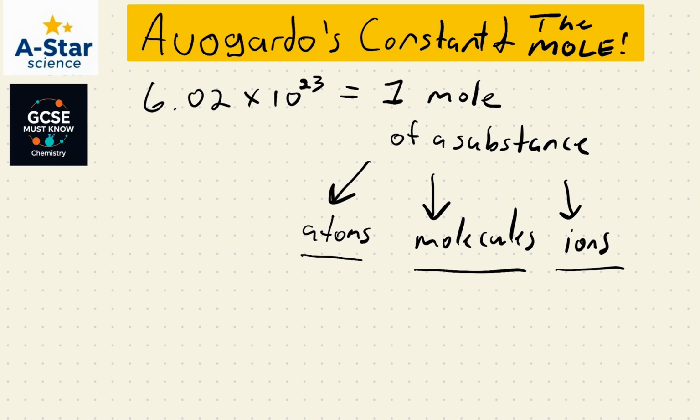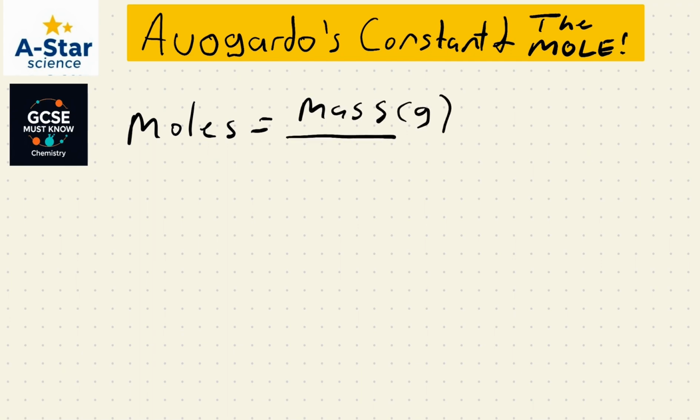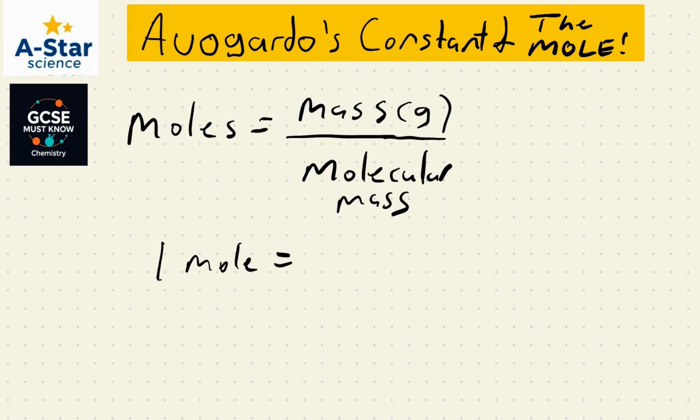So let's see how we use that. Well, in order to understand that, we need to understand how we calculate moles. As a quick refresher, we know that the number of moles of something is found by the mass of that particular substance in grams over its atomic mass or molecular mass, what we call MR. So in effect, 1 mole of a substance is equal to its mass in grams.